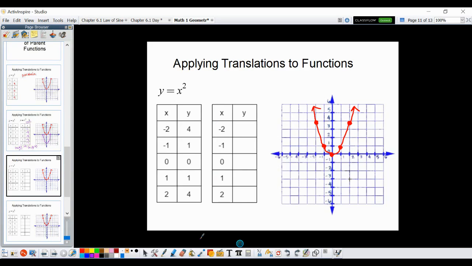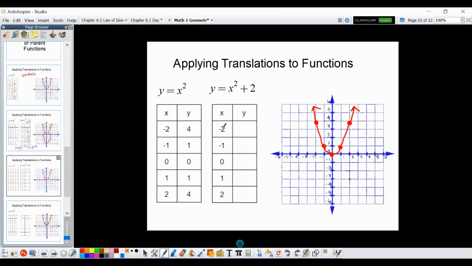Okay, so let's see if we change the equation in a different way, how that will affect our graph. So let's say now the equation is no longer just x squared, but x squared plus 2. Well, let's get the new y values and we will compare.